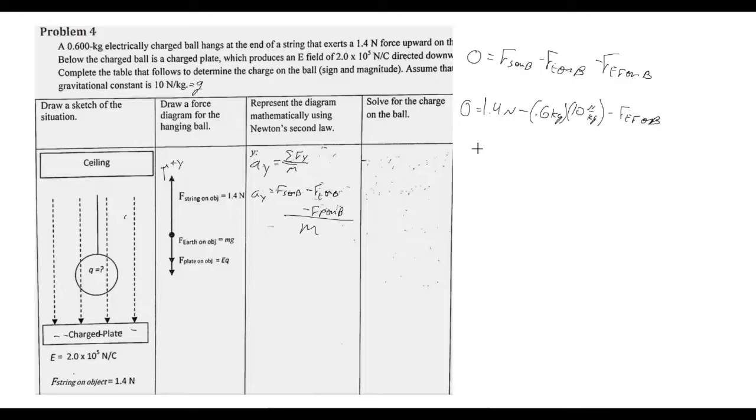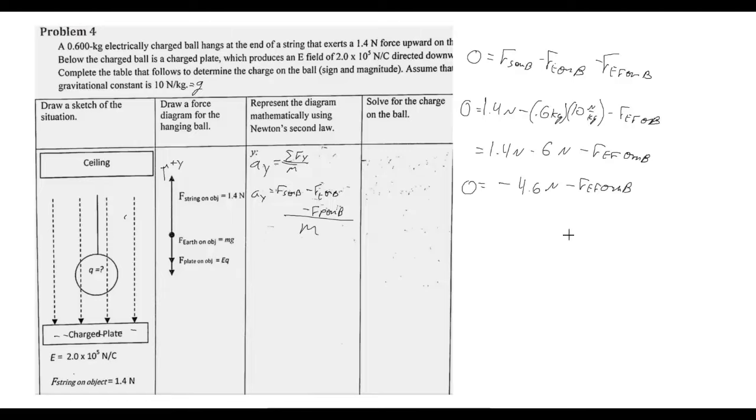Once you do the math, we get 1.4 newtons minus 6 newtons minus force E field on ball is equal to 0. This here is going to be negative 4.6 newtons minus force E field on ball. Now this minus this has to equal 0.